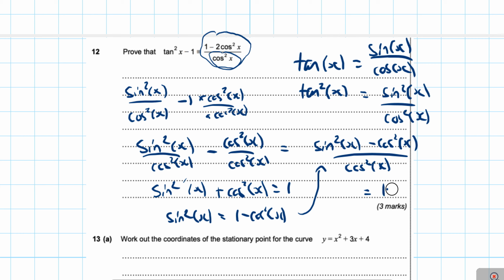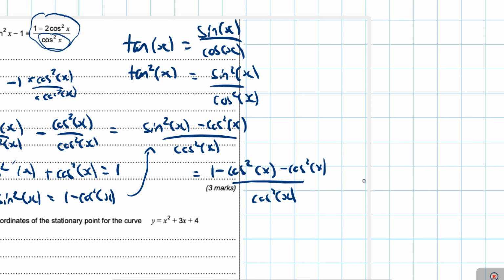So that becomes 1 minus cos squared x minus cos squared x, divided by cos squared x. And then minus cos squared x minus cos squared x is minus 2 cos squared x. It's 1 minus 2 cos squared x divided by cos squared x, and that gives you your final answer for this question.